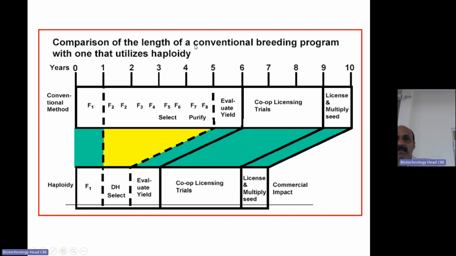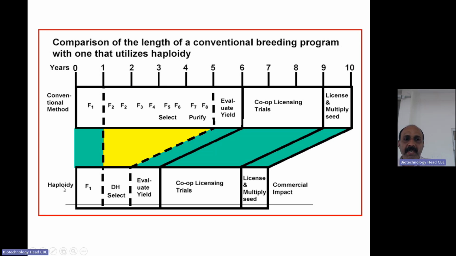Normally, comparing a conventional breeding program with one utilizing haploidy: after we produce F1 in the first year, it can take up to 6 to 7 years until you go for evaluation. You need to go in for backcrossing every time for 6 to 7 years before evaluating the plants.